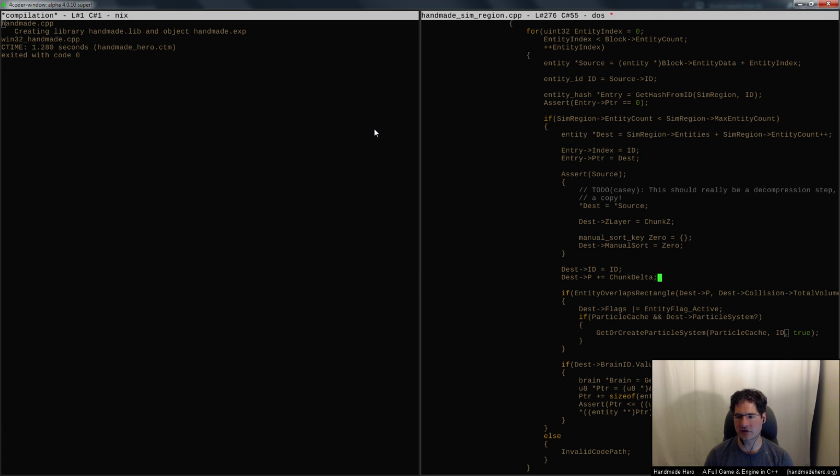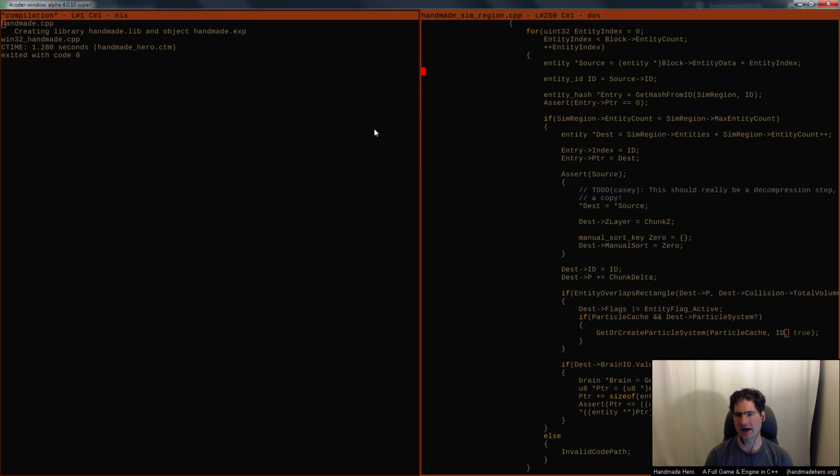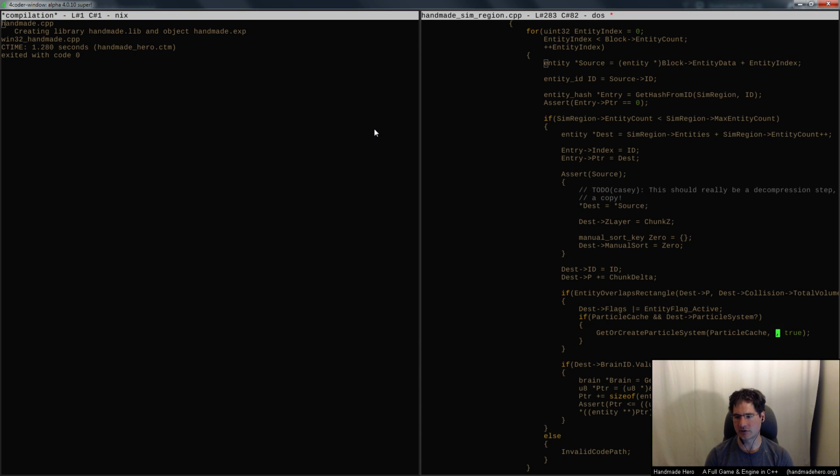So in addition to that, I could just pass the whole entity, I suppose. So I'd pass the dest entity here instead of the ID, saying here's the whole entity, create the particle system for this thing. And the dest p, it could look up directly, so now it knows the location of this particle system relative to the camera. It can just go ahead and do its thing, right?